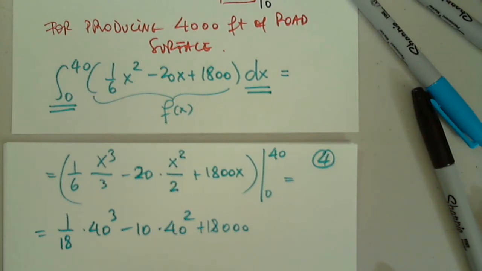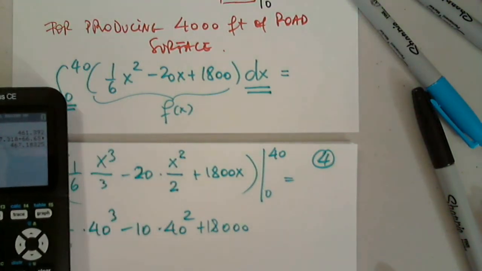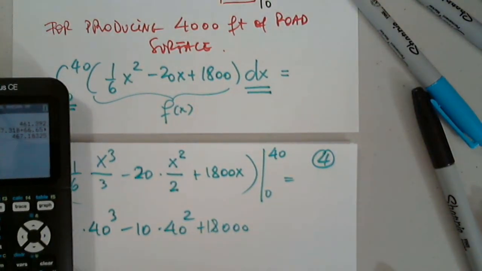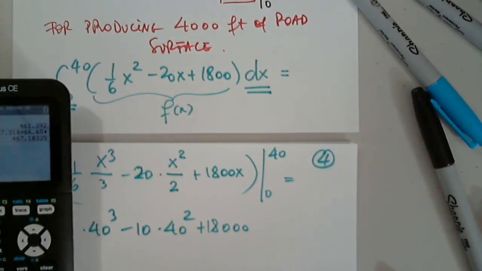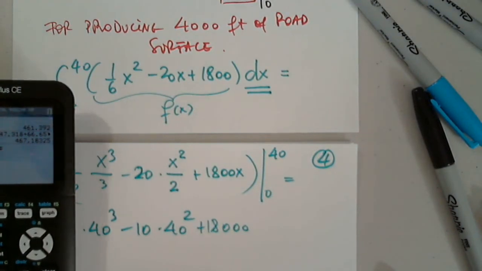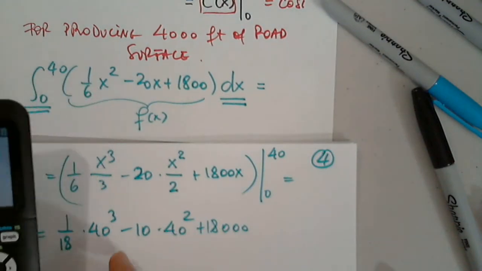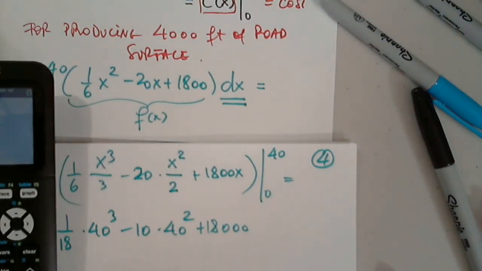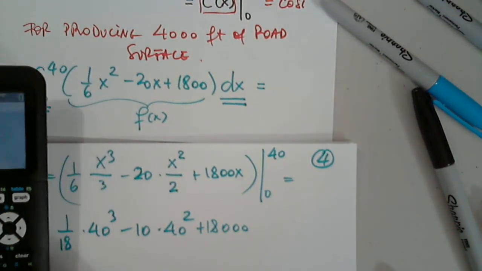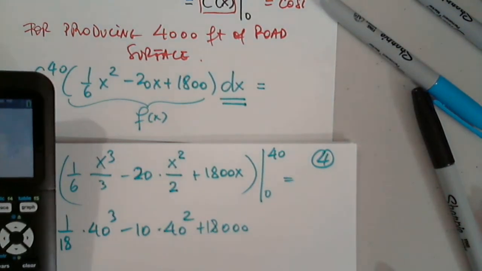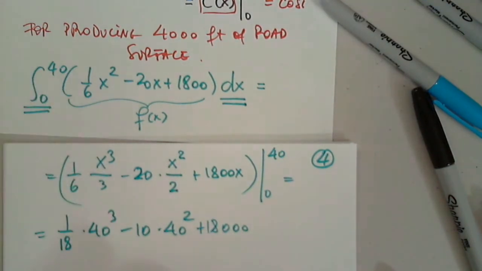So here's my calculator. So I have 40 cubed divided by 18 minus 10 multiplied by 40 squared plus 1800. Of course, with these new calculators you have to be careful and bring it down. So 40 to the third, you have to bring it down, divided by 18, and then minus 10 times 40 squared and plus 18,000.